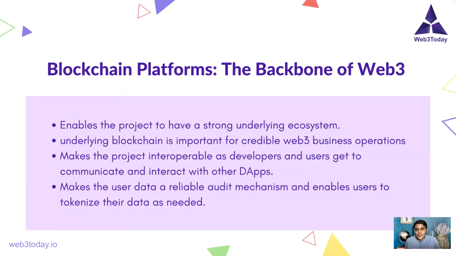So these blockchain platforms, or the layer 1 blockchains, are actually becoming the core of Web3 because they are the infrastructure layer, they are the AWS, they are the servers. The important thing here is that every project needs to have a very strong underlying ecosystem, right?